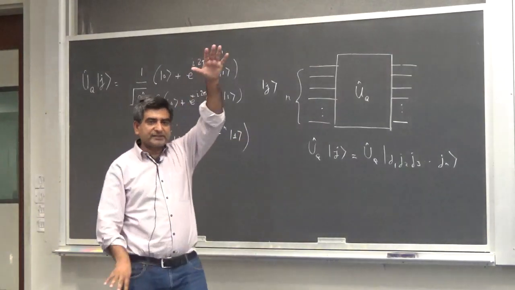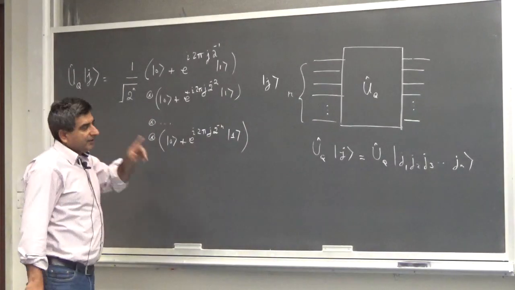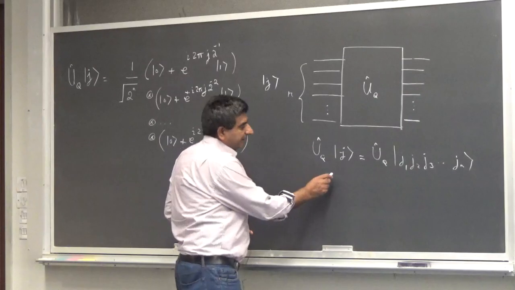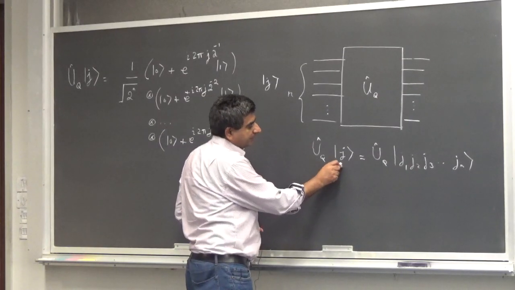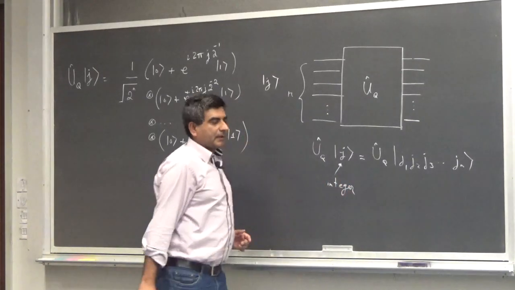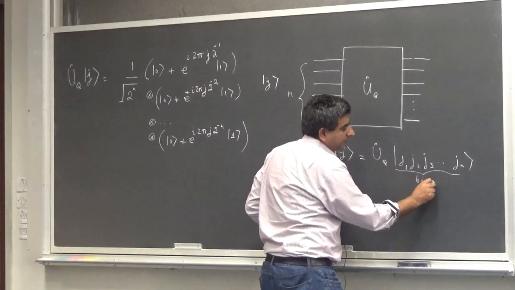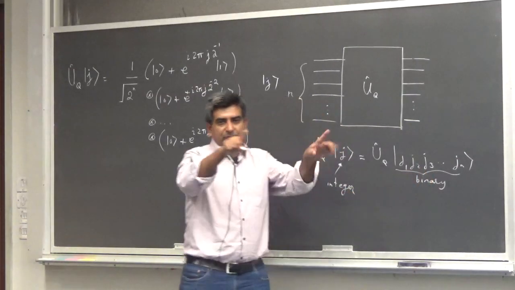Now the output is a separable state given the input is this ket j. Ket j is the input state expressed in integer form, and this is the same input state expressed in its binary string form as a sequence of zeros and ones.